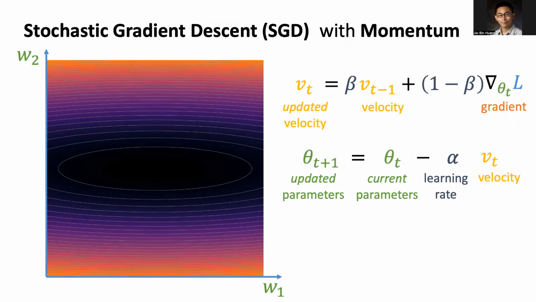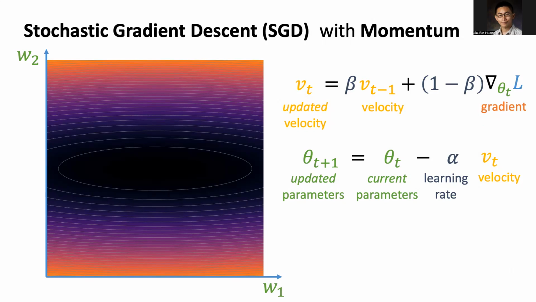Think about this: I'm walking, and every time I check the gradient, it always tells me to move in this direction. So what should I do? I'm very confident that this is the direction I should go, so I will pick up momentum. I will move faster if all the gradients along that dimension always tell me to move in that direction. Then I will pick up speed.